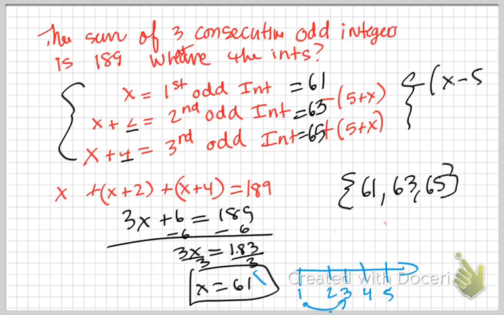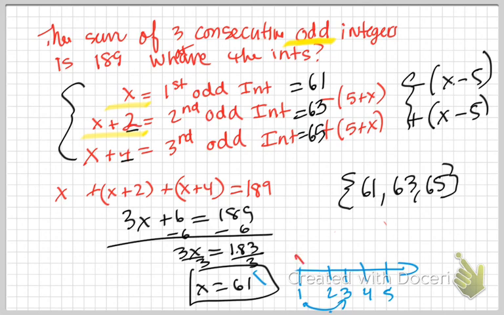All right. Yes, Amani. So can you remind me of when it says odd and if it says even? Right. So notice here it says odd or even. The first one's always going to be x. The second one is always going to be x plus 2, whether it's odd or even.